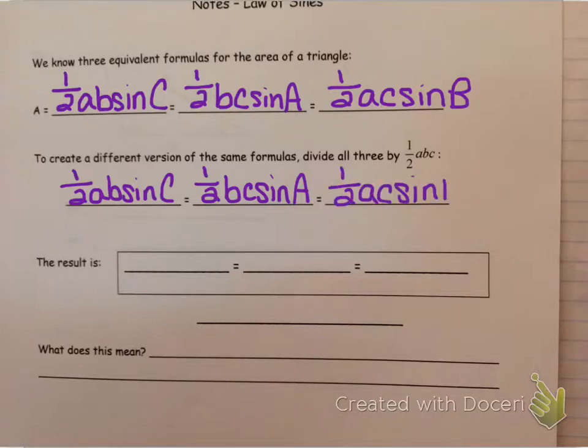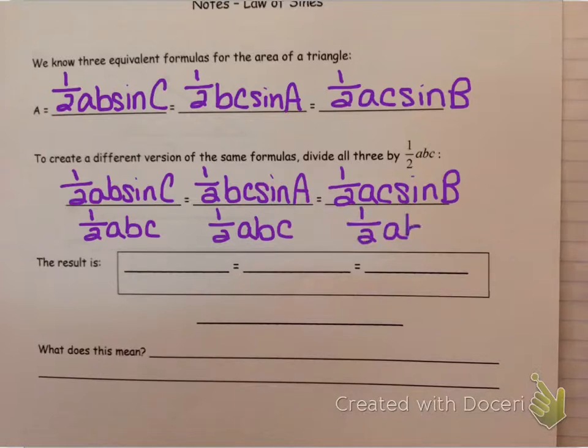And that algebraic step that we're going to do to all three versions is we're going to divide them by 1/2 ABC. And what's going to happen is that in this first version, the 1/2s are going to cancel, the A's are going to cancel, and the B's are going to cancel.